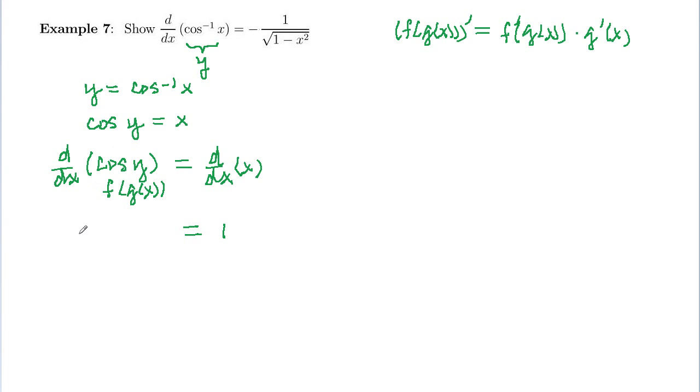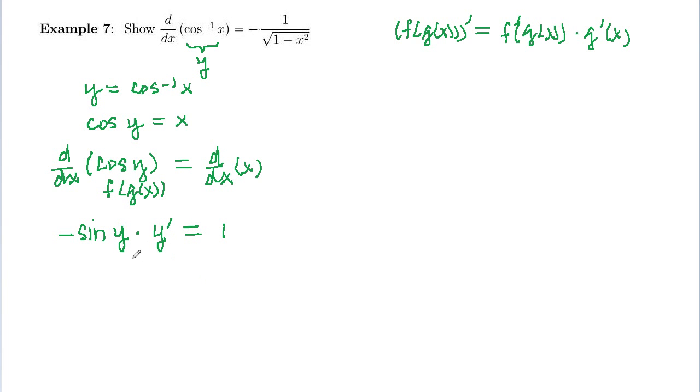So the derivative of cosine, remember, is negative sine. And then at the inside function, y. And then times the derivative of the inside function, which would be y prime. And y prime, well, remember, y is inverse cosine. So our y prime, that's the derivative of inverse cosine. That's what we want.